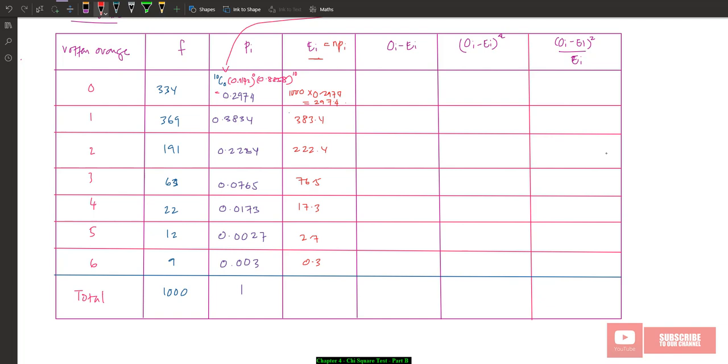If you look at the expected frequency here, there are two rows having expected frequency less than 5.